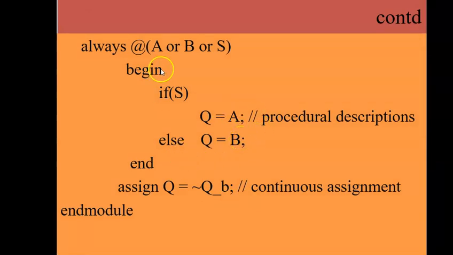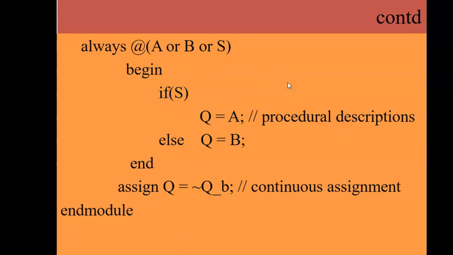So every begin must be closed by an end statement. But here I have chosen a separate statement also. Assign Q bar is equal to this, that is a negation of this Q. That is Q bar. End module. So this is a simple program. Actually, procedural descriptions must be there.